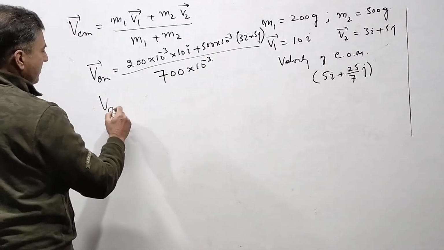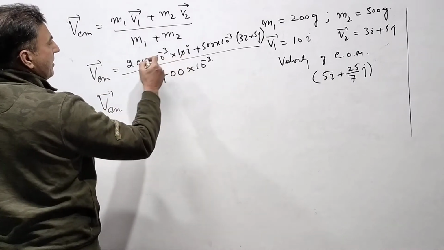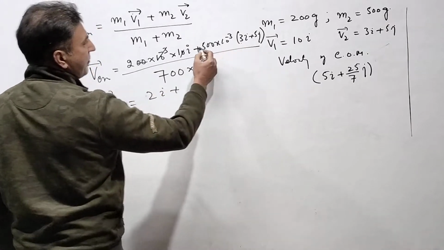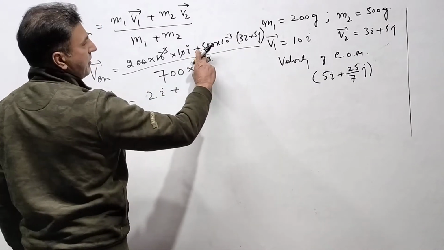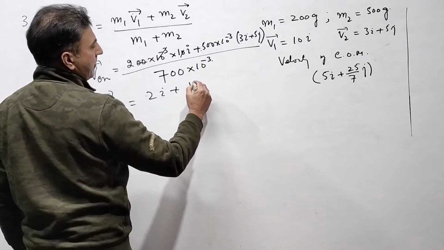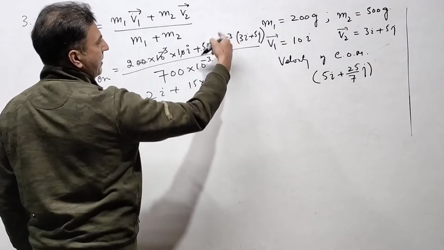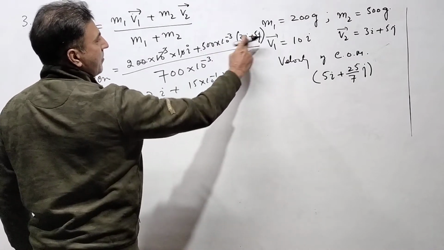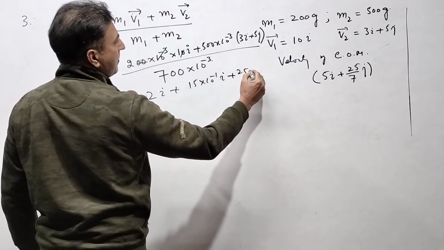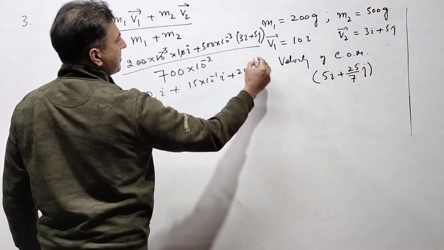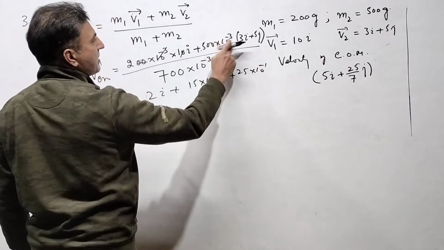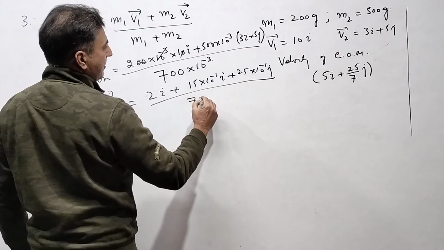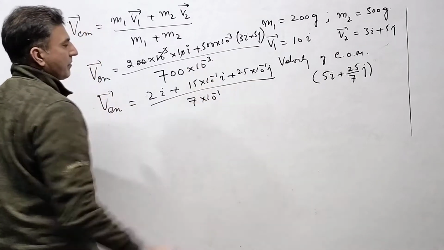So VCM is equal to, with the 3 zeros finished, 2i plus 15 into 10 raised to power minus 1 multiplied with these two zeros, i, plus 525 into 10 raised to power minus 1 j, divided by 7 into 10 raised to power minus 1.